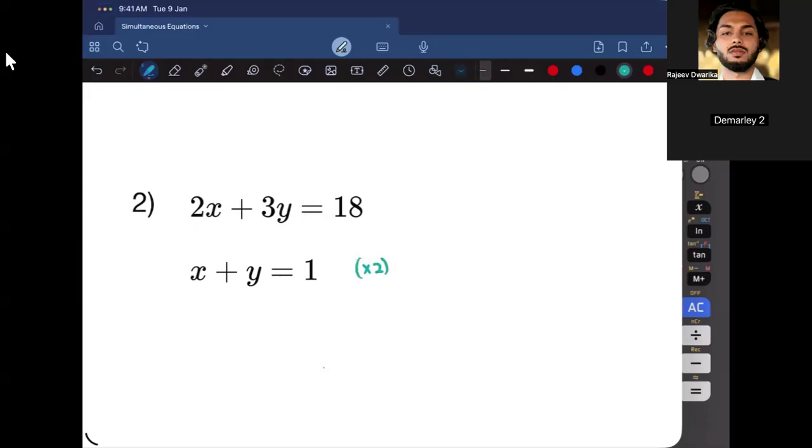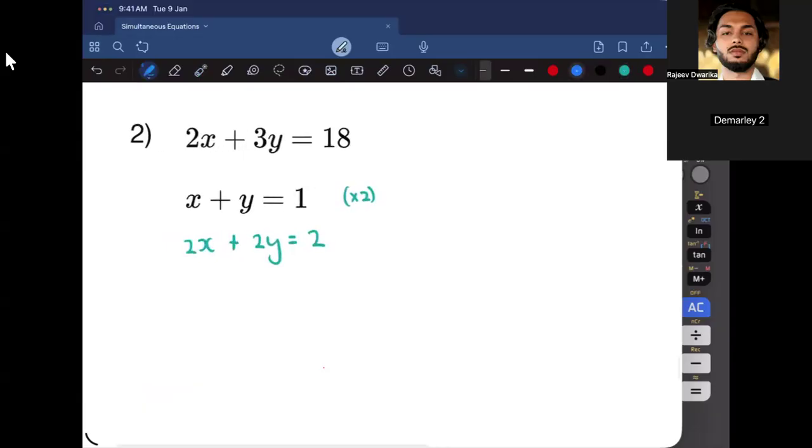If I multiply that by 2, what is it going to turn to? 2x plus 2y is equal to 2. Right? And the first one stays 2x plus 3y is equal to 18. And I'm going to write that back. So that'll be 2x plus 2y is equal to 2.